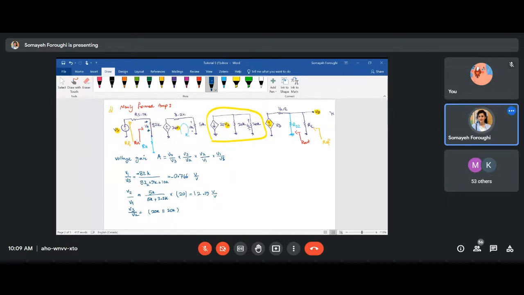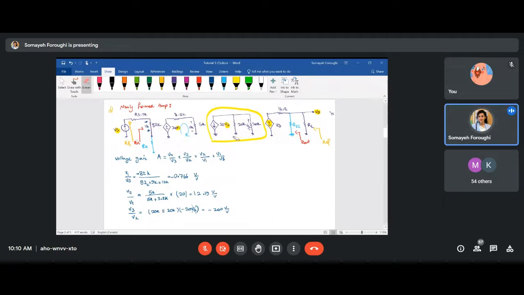Let me write that. Then negative 20 V2 is passing through it. Again, if you do some rearrangements, cancel out V2 from here and divide both sides of the equation by V2, V3 over V2 will be negative 200.